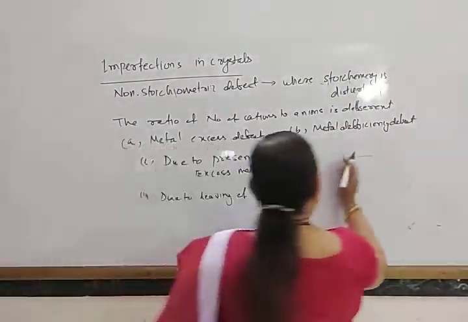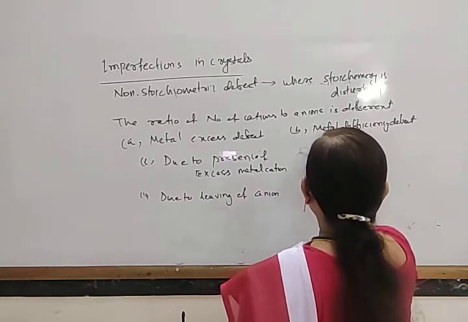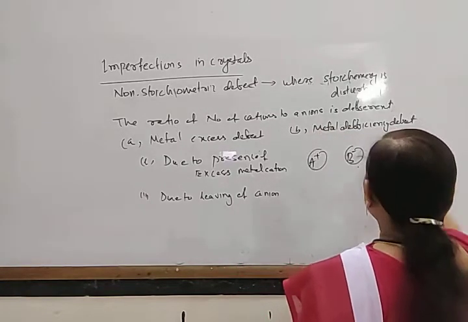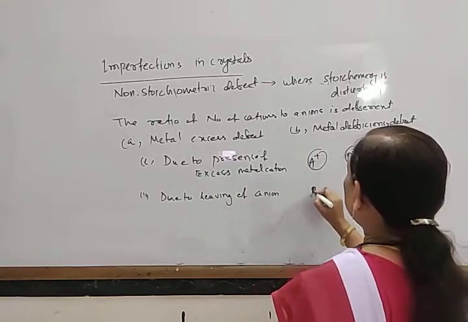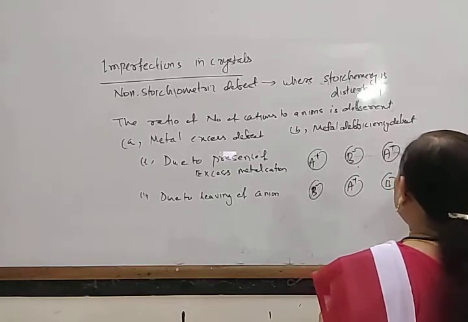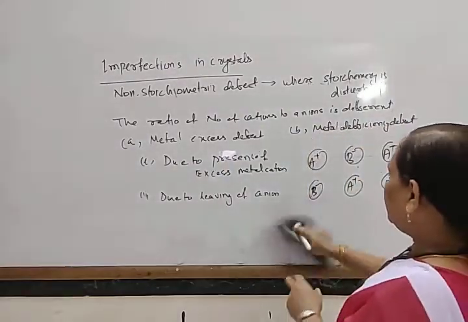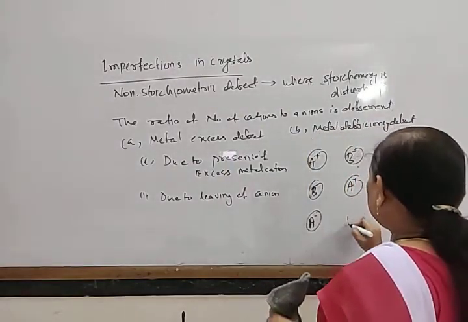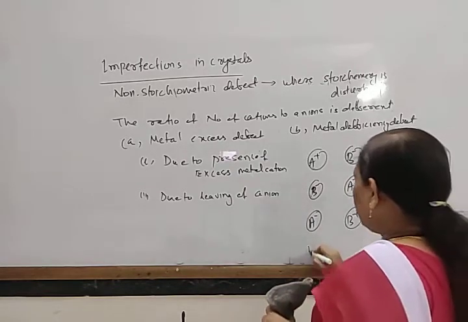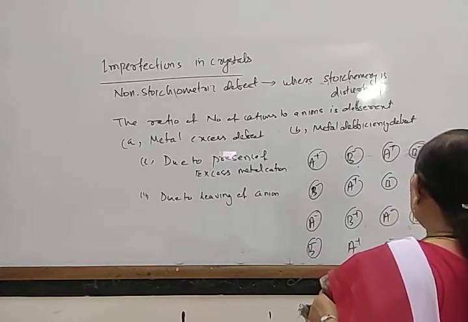So when we arrange this, suppose some cations are there: A plus, B minus, A plus, B minus, and again B minus, A plus, B minus, A plus, and so on.